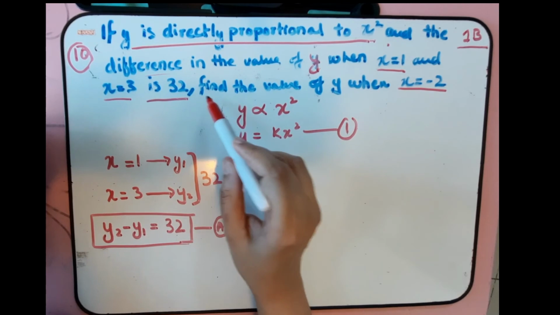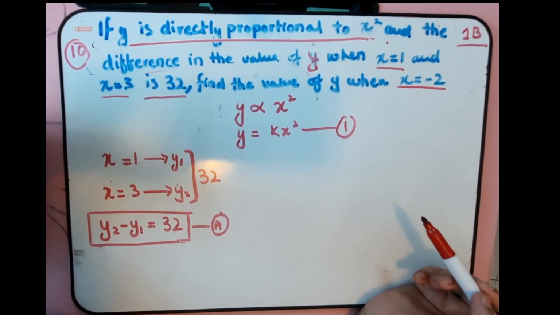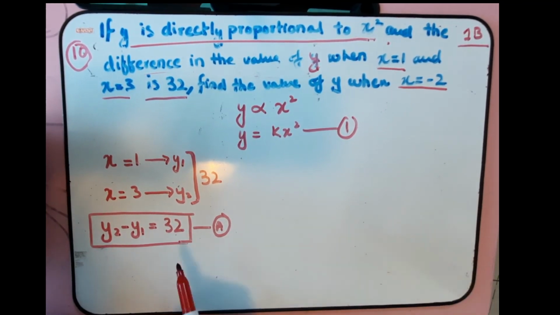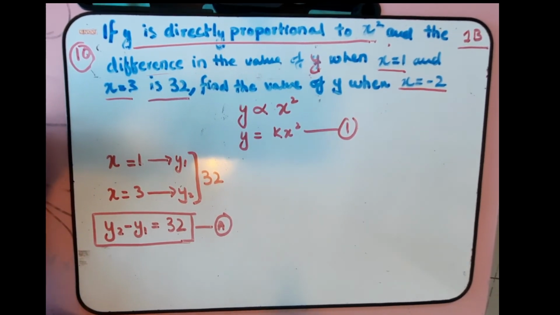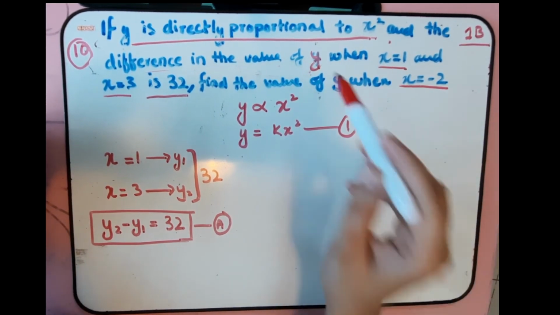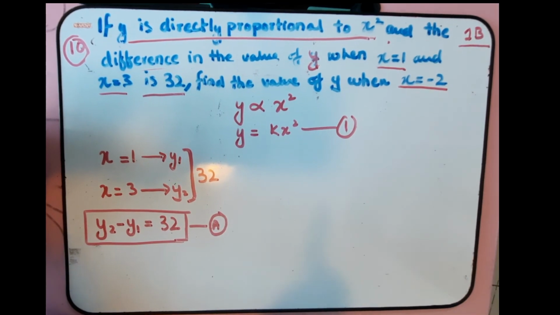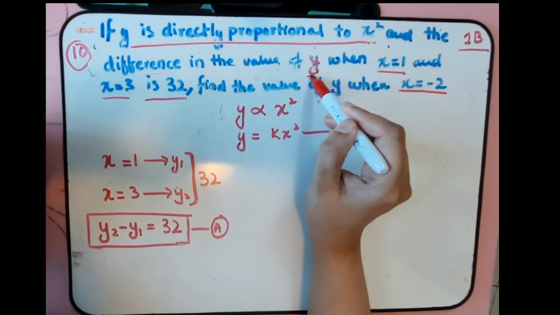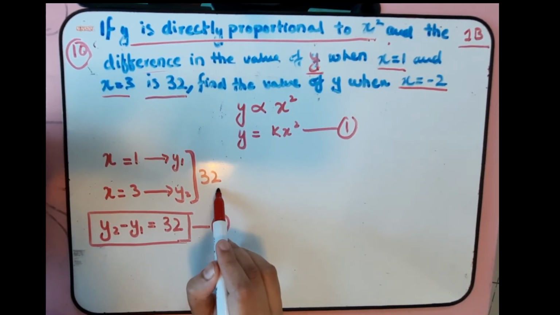Now we have to find the value of y when x is equals to minus 2. As we know, in usual questions they have mentioned the value of x and y, and from that we can find the value of k. Right now the value of y is unknown but their difference is given.